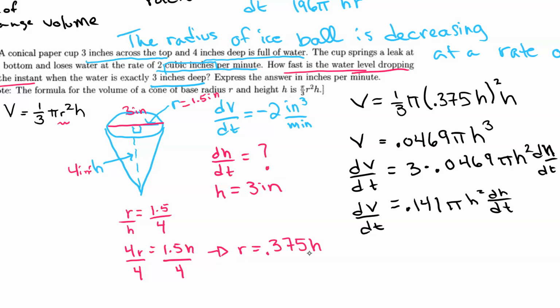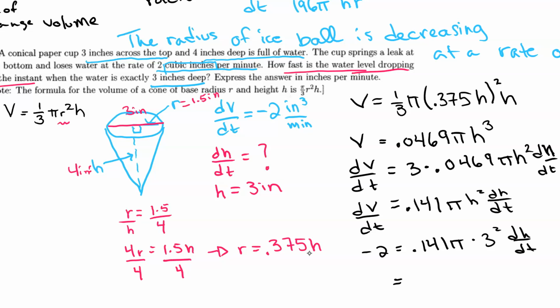And once we have this equation, we just substitute in what we know. So we know we've got -2 for our change in volume, equals 0.141 times 3 squared dh/dt. And then we tap it into our calculator.